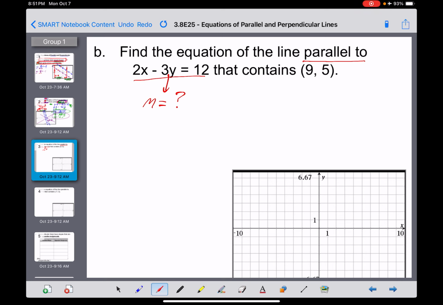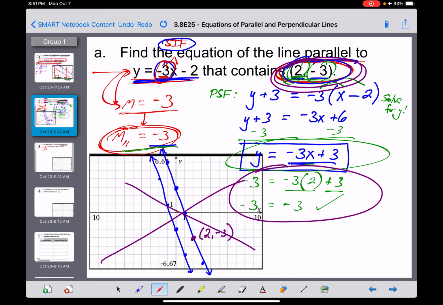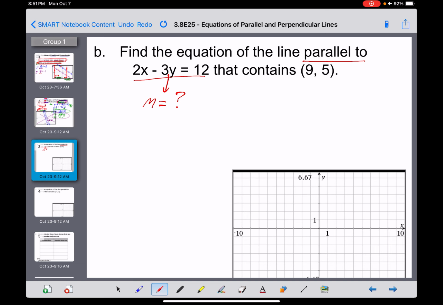But unfortunately, this question is a lot more complicated than when we asked it back in example A, because in example A, the line given to you was in slope-intercept form. Here, it's not. That equation is in something called standard form, where the x and the y are on the same side of the equal sign, and a constant is over there on the right.